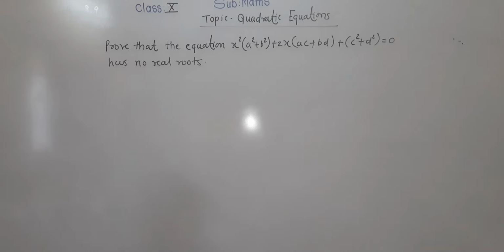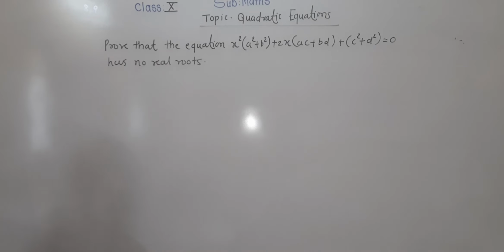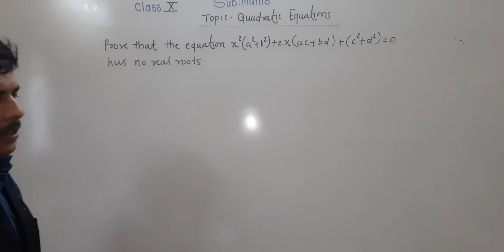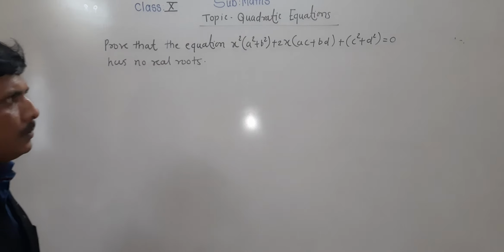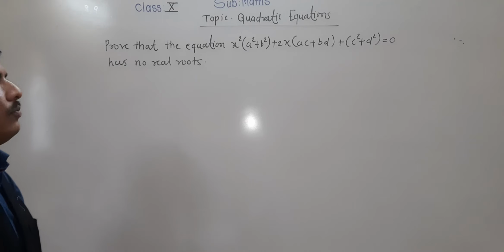Okay, see here, one more example we are going to see. Prove that the equation x square in bracket a square plus b square plus 2x into ac plus bd plus c square plus d square is equal to 0 has no real roots.